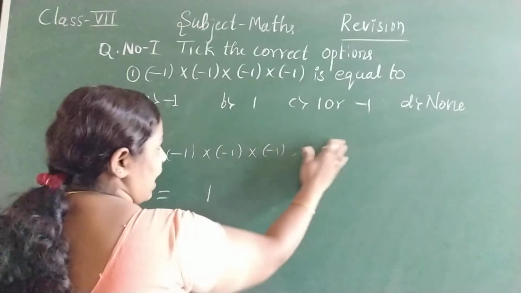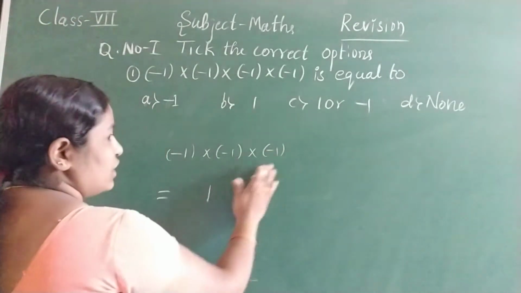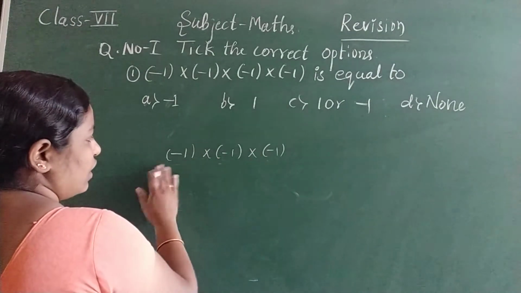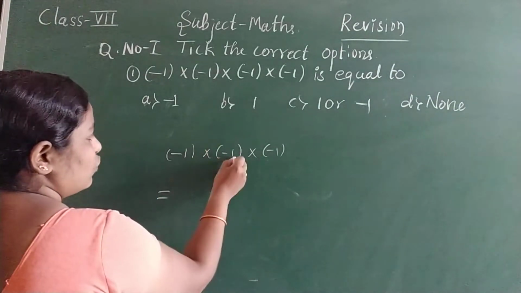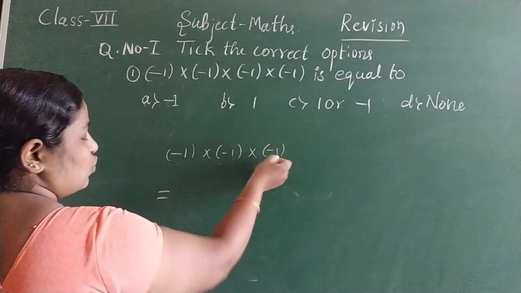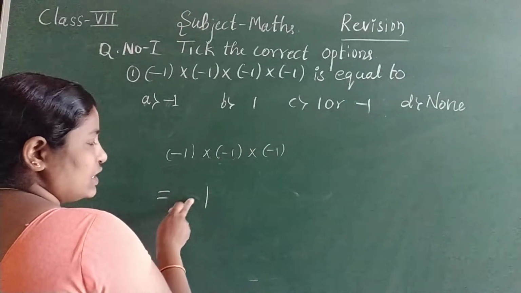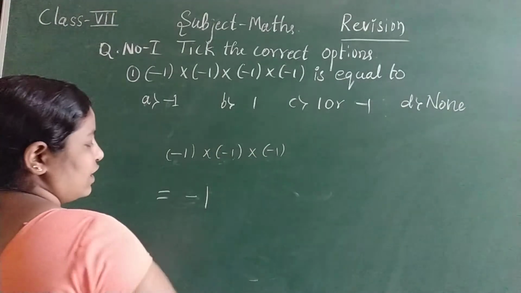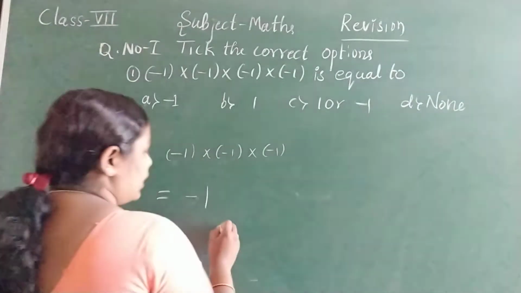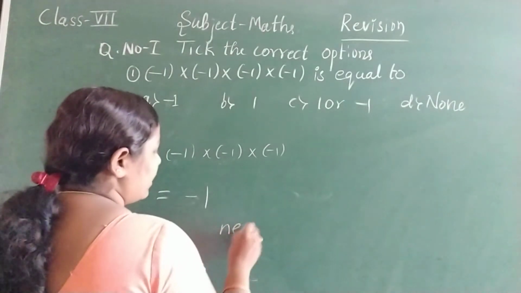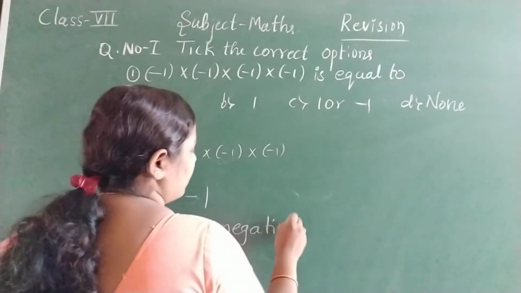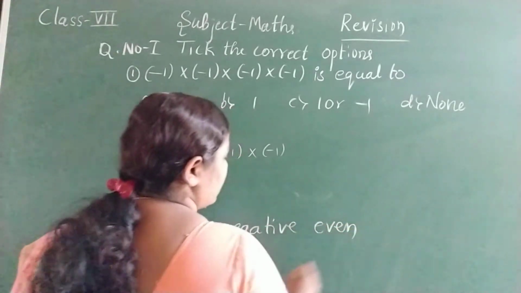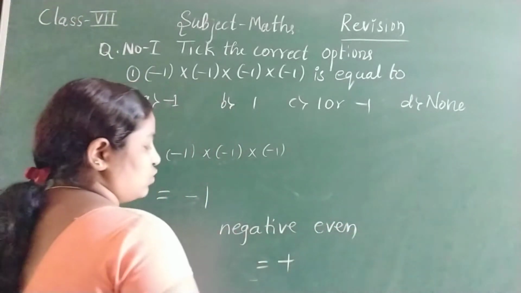If you multiply negative integers in an odd number, now 1, 2, 3, odd number, what will happen? 1 into 1, 1. Again 1 into 1, 1. What will be the sign? Minus into minus, plus. Plus into minus, minus. If the negative integers are in even numbers, the product will be positive.